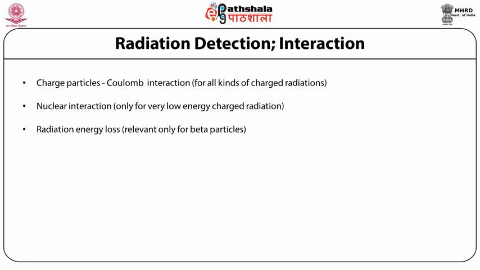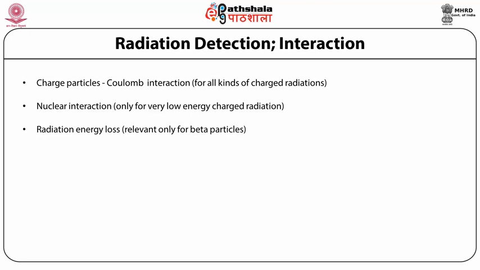What is radiation loss? When the electrons enter the detector, they see the electrons of the medium, and the interaction happens. Due to the interaction, scattering of electrons takes place.